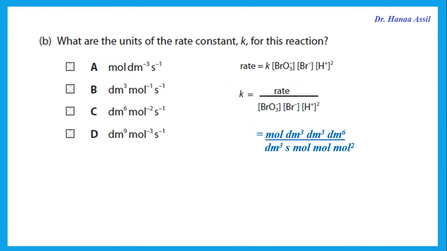That's the rate. Now each of the concentrations is mole per decimeter cubed. So I have mole per decimeter cubed, mole per decimeter cubed, and mole to the power 2, decimeter to the power 6. This is how I usually do it. You cancel whatever is up and down, and what you're left with is the units for K.